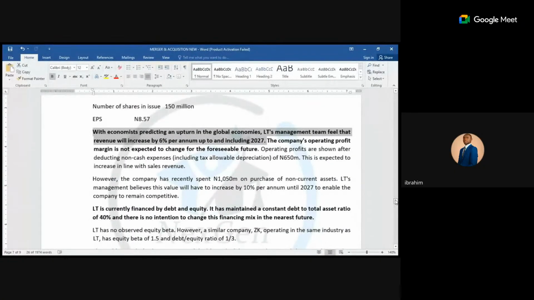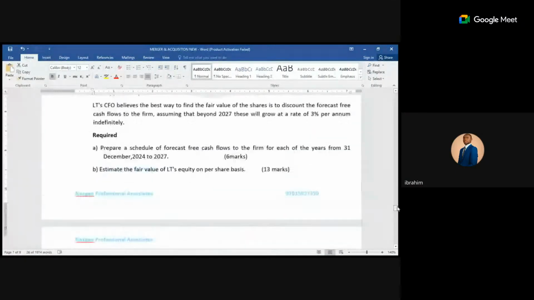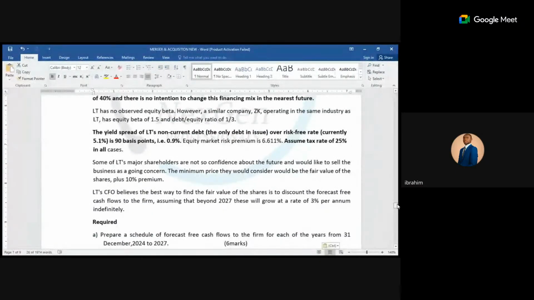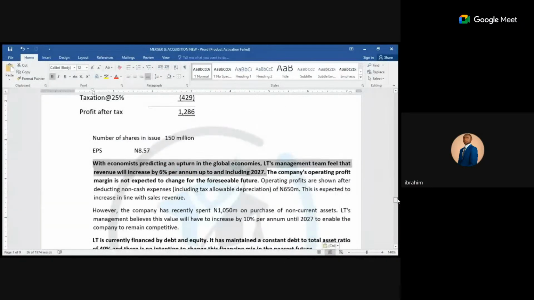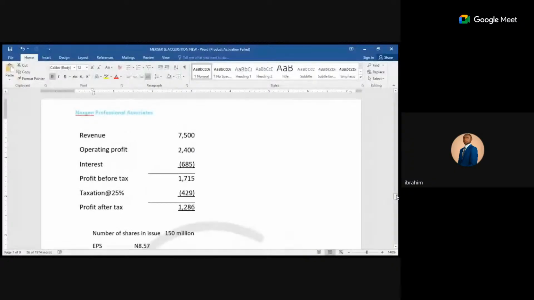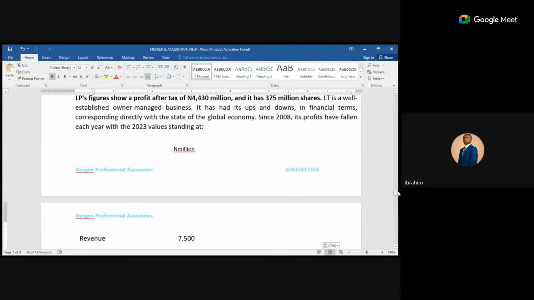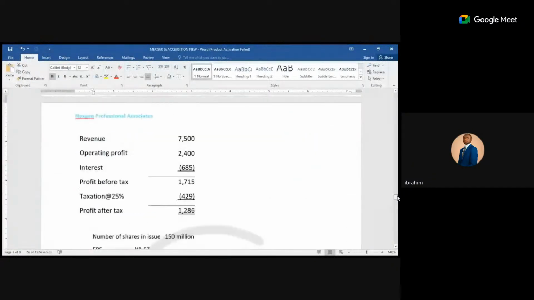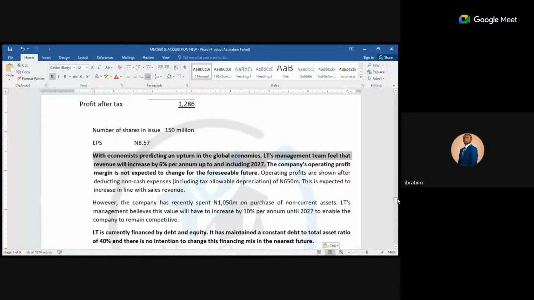Don't forget, the requirement says prepare the free cash flow from 31st 2024 to 2027. Definitely the financials given to you is for 2023, right? So there will be a good rate in the revenue up to and including 2027.